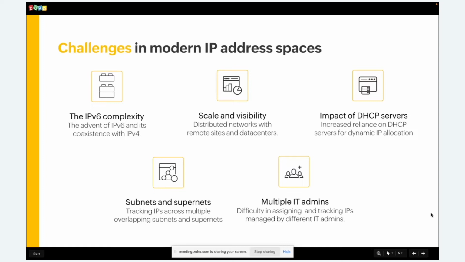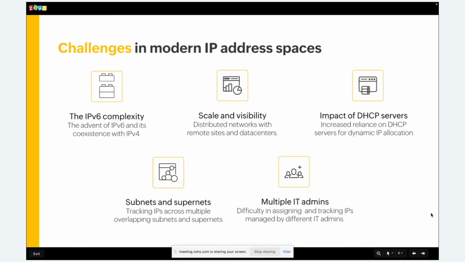But when you have so many DHCP servers, it is quite important that you are in the know. You need to monitor it. You need to know how the IP within the DHCP is utilized, who is using it, and how it is dynamically allocated. So there are several metrics that call for a solution, not some traditional, outdated or clunky old tool, but a modern solution that helps you manage IPs and DHCP together.